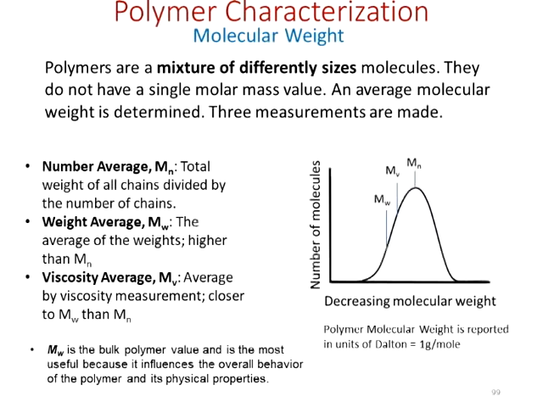They do not have a single molar mass value, which is why I don't talk about it as molar mass, and that's sometimes confusing to students. An average molecular weight is determined, so it's an average that we get. Again, it's done using size exclusion chromatography, GPC, where three measures are made.